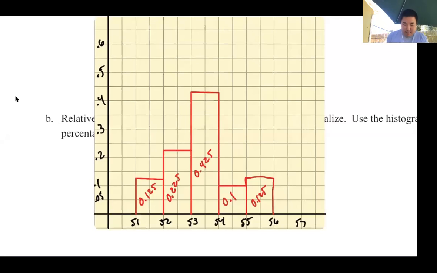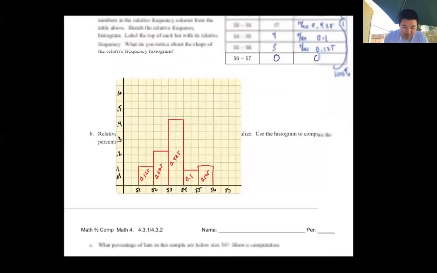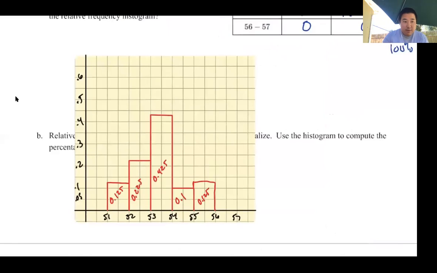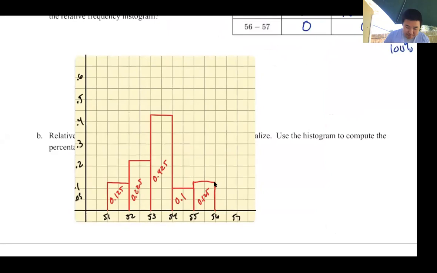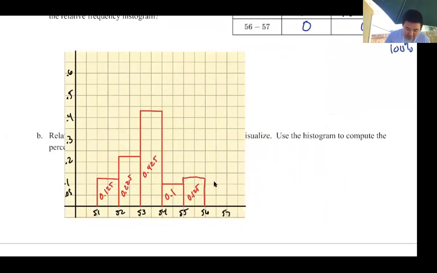So we made our histogram, and then we want to find the percentage between 52 and 55.